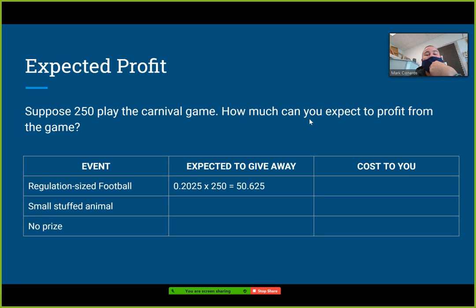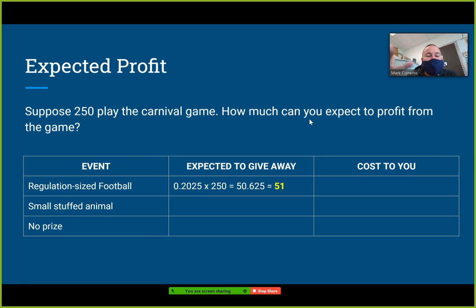I multiply that out and I get this number. We're talking about number of people. Which way should I round? Just go up. So I'm expecting about 51 people to win a football. That makes sense, everybody. I use the probability from the tree that you guys have already done, and I multiplied it by how many people I'm expecting to play. So I'm expecting 51 people to win a football.